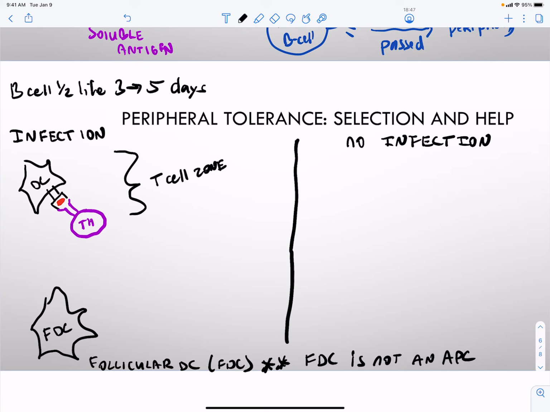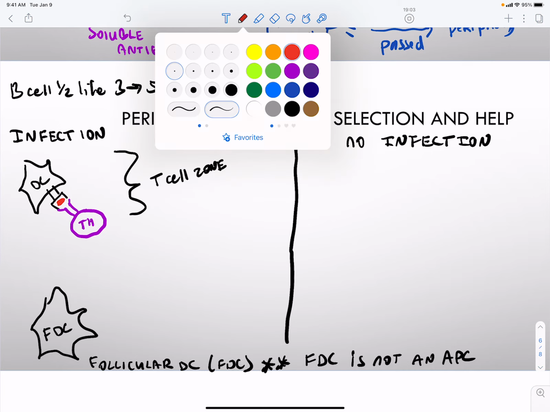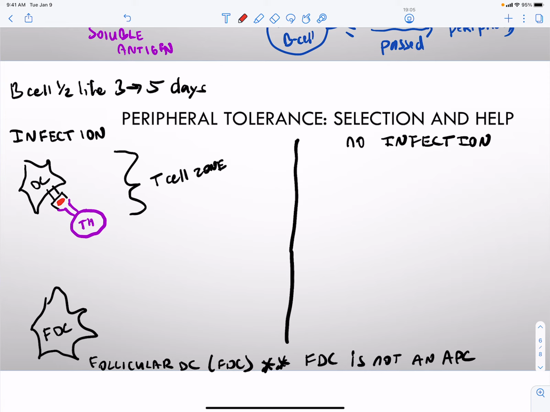The FDC cannot interact with CD4 T cells. The FDC is just called a follicular dendritic cell because it has dendrites like a dendritic cell, but it does not take in antigen, does not process and present it. Instead, the FDC will stick antigens on its surface so a B cell can come around and see if they're specific for that antigen.